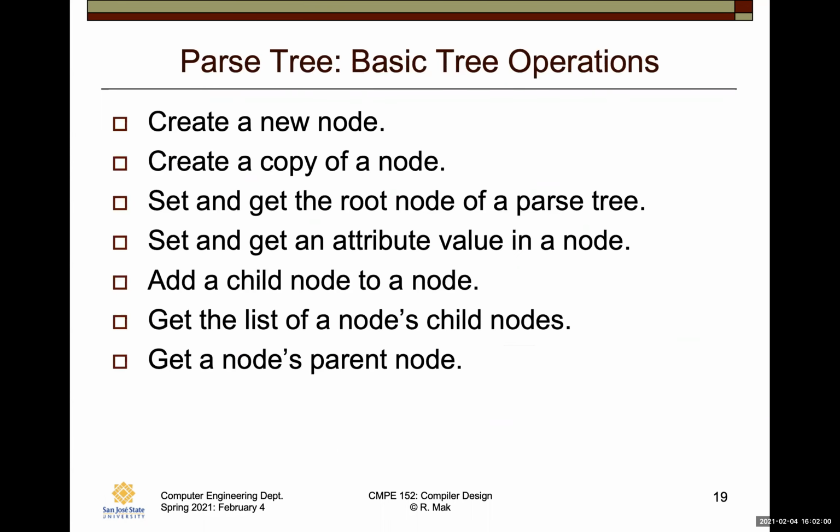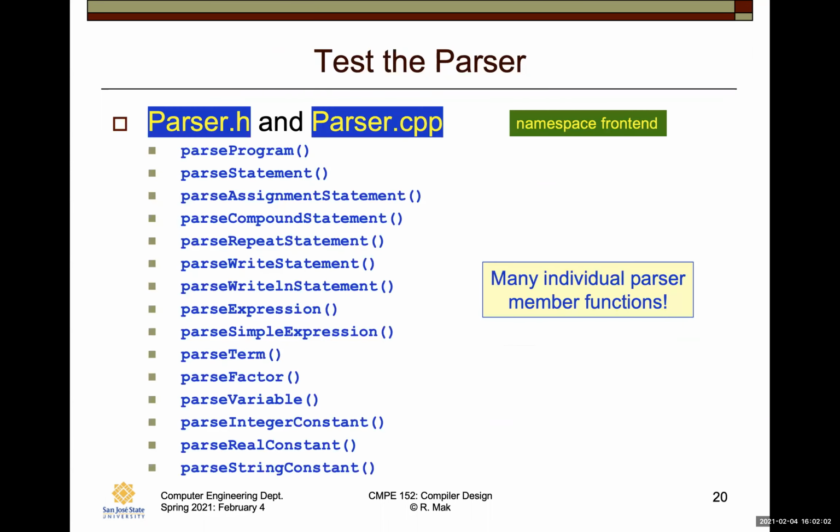All right, so now we can take a look at the parser. We've been concentrating on the scanner and on the tokens. What's the parser going to be like? You can see that inside the parser class, there are lots and lots of member functions, and there's one for each type of statement.